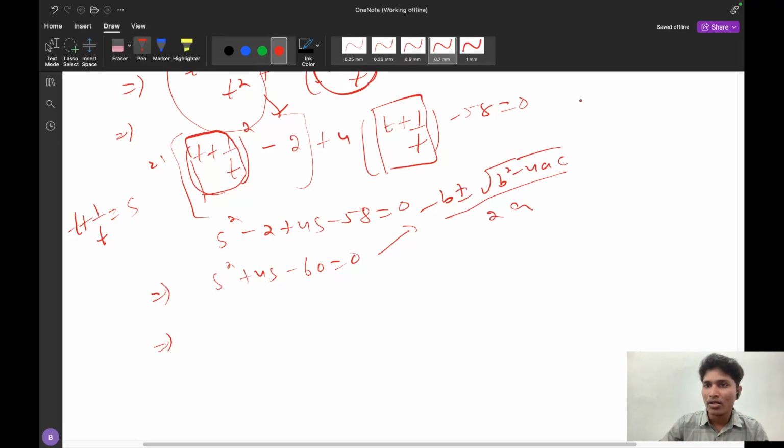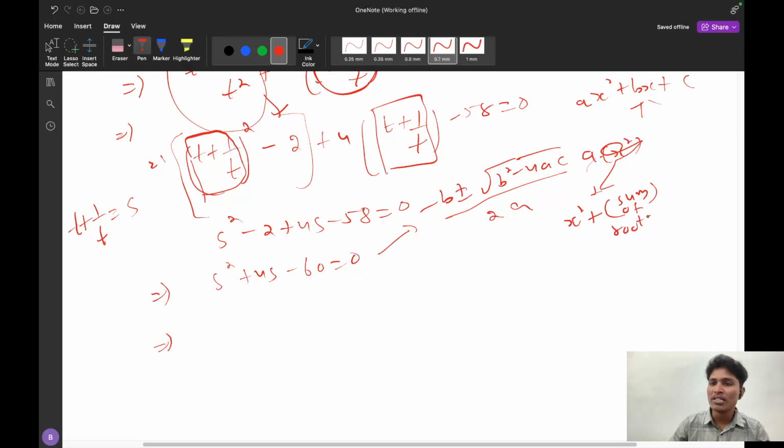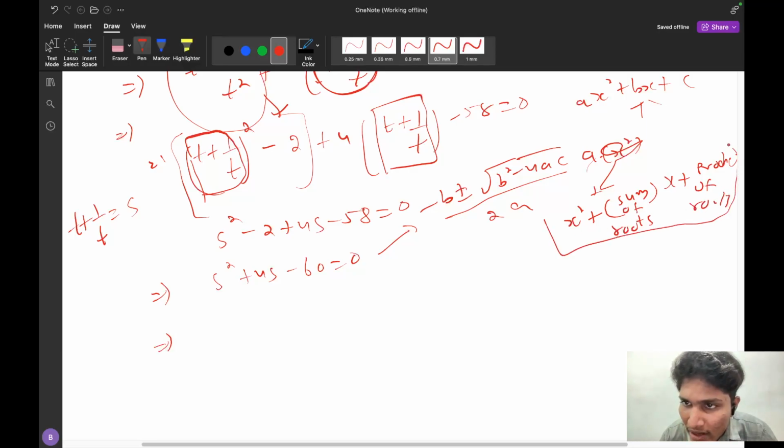In any quadratic equation ax square plus bx plus c, it is going to form like this: a into x square plus sum of roots into x plus product of roots. This is a generalized expression for a quadratic equation. So I can take advantage of sum of roots and product of roots, and I can simply solve this equation without the quadratic formula.